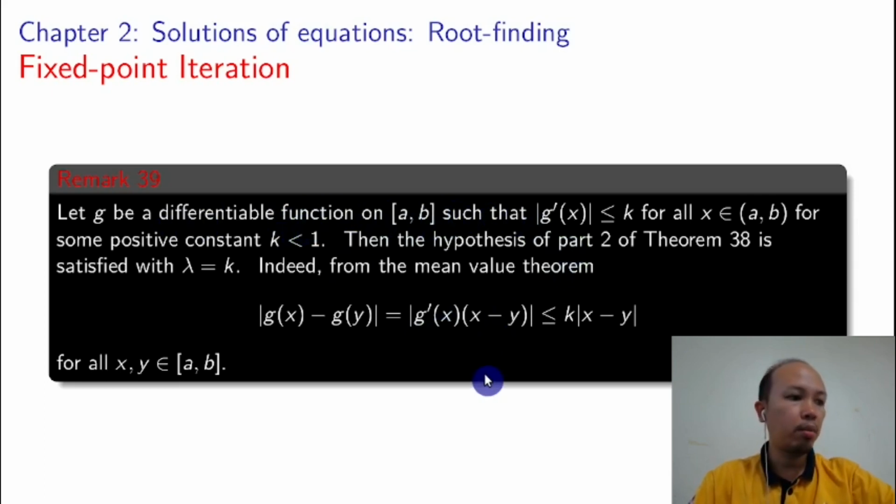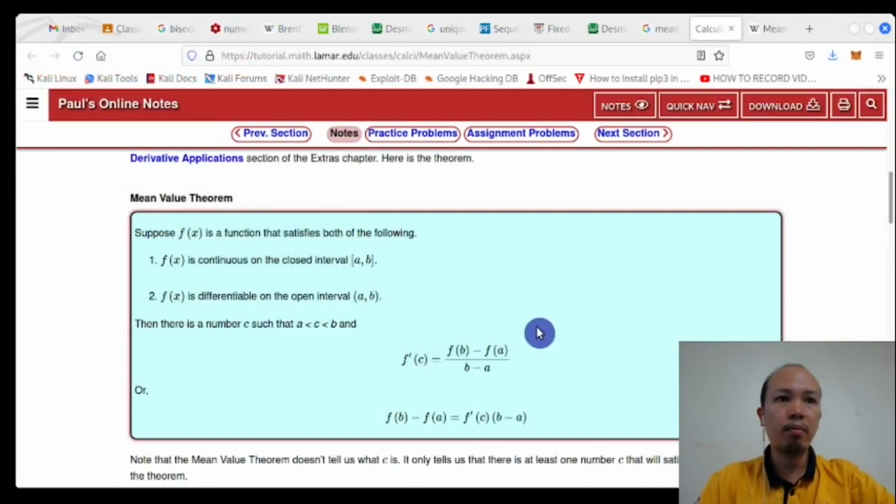So by the mean value theorem, just cross multiply this one here and you will have this one here. So that's why we replace f by g, b by y, a by x, and so forth, and you can replace this one here.